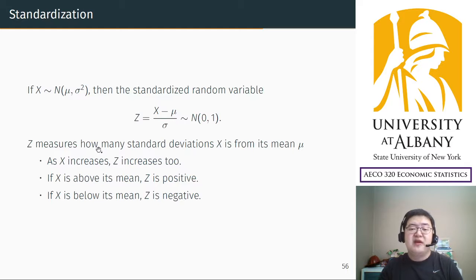It measures how many standard deviations X is from its mean mu, right? So as X increases, Z increases too. It's a standardized score. If X is above its mean, then Z is positive, and if X is below its mean, Z is negative. And so it's exactly the standardized test score.